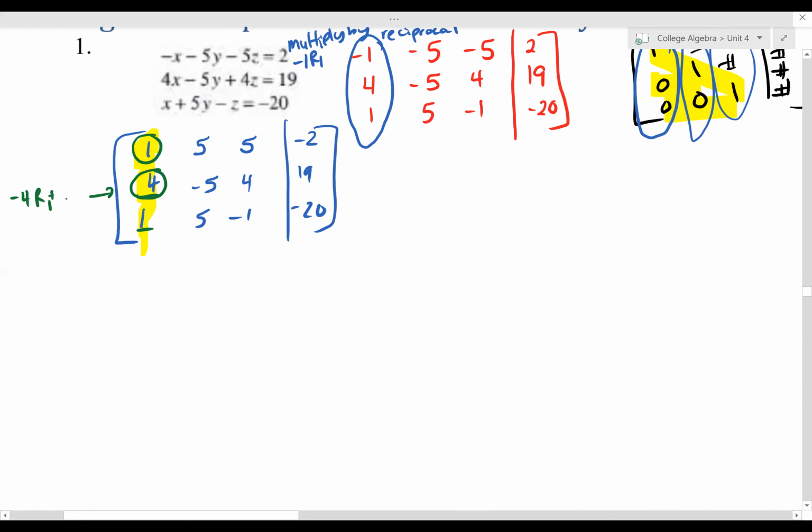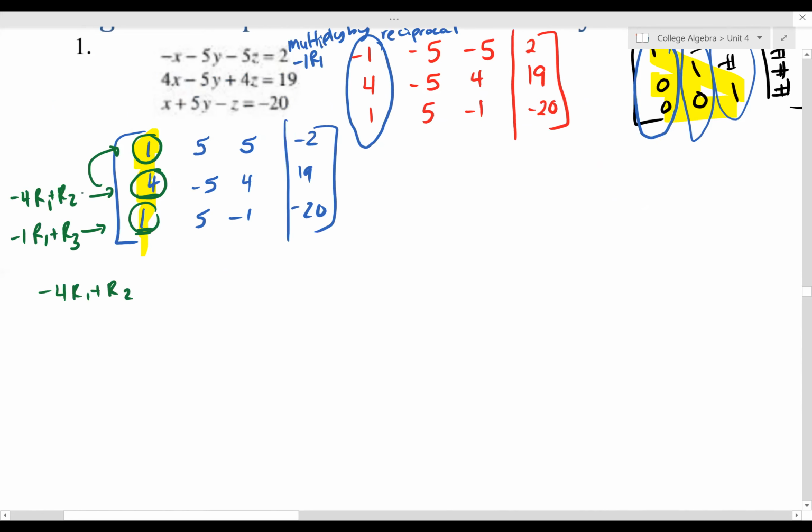And I'm going to add it to row 2. And then in the same step, in that bottom position, there's a 1. So I want to do -1 times row 1 and add it to row 3. So we're just taking the opposite sign of that number, going up to that top position and multiplying that row by that opposite sign number. So I can do this in one step. I'm going to write out the operations here.